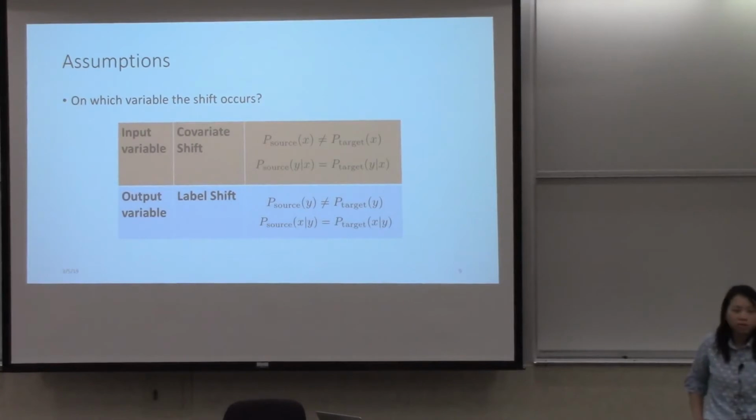What is the Y variable here? The Y is, for example, whether the object you photograph is a cat or dog. I mean, that is covariate shift, because how you label based on the input didn't change, whether it was vertical or horizontal.